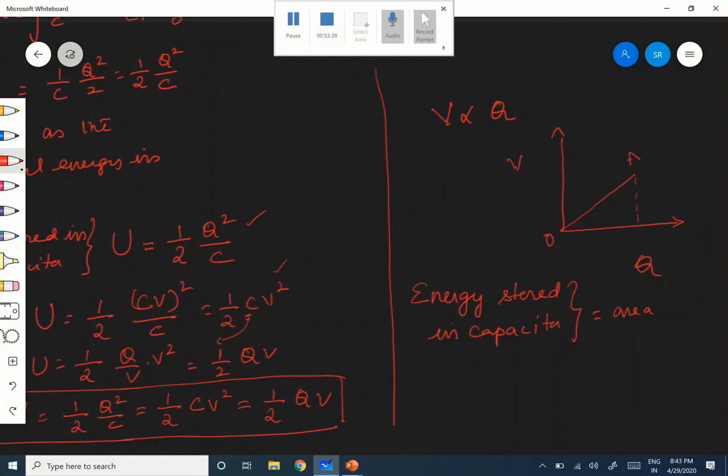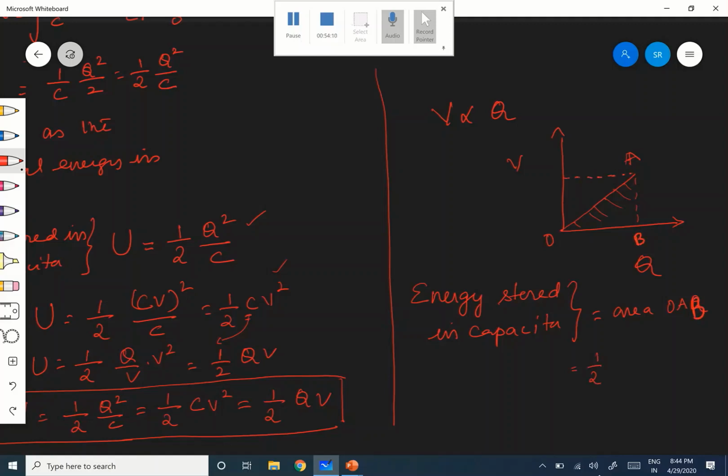The area OAB, correct? This is not the slope, it is the area. OA is the plot you are getting. Therefore this area automatically gives the energy, QV. That is nothing but the triangle, half into base into height.